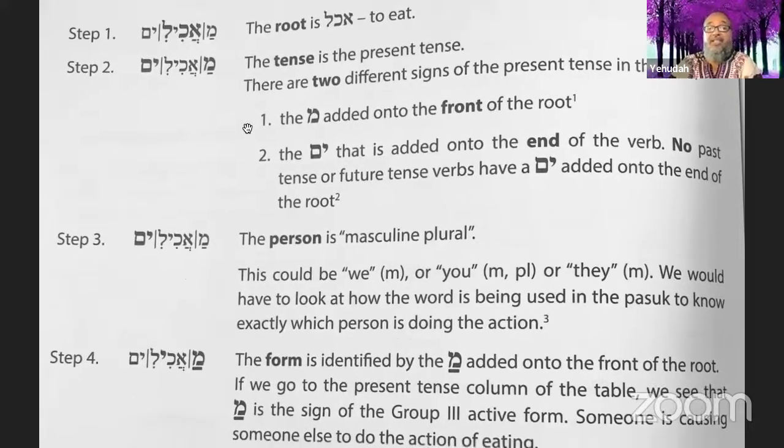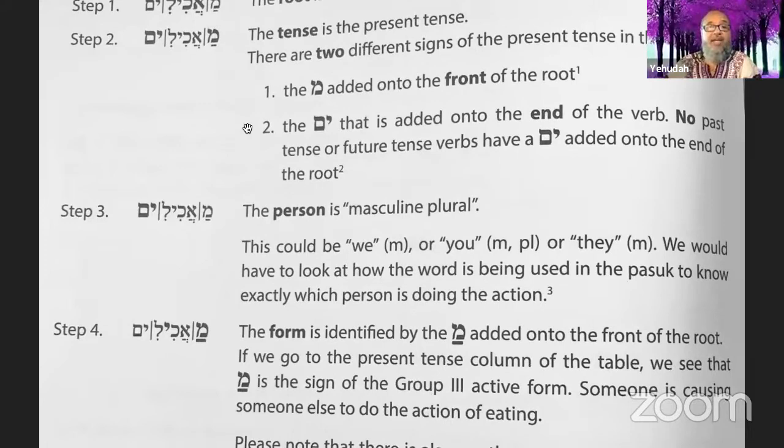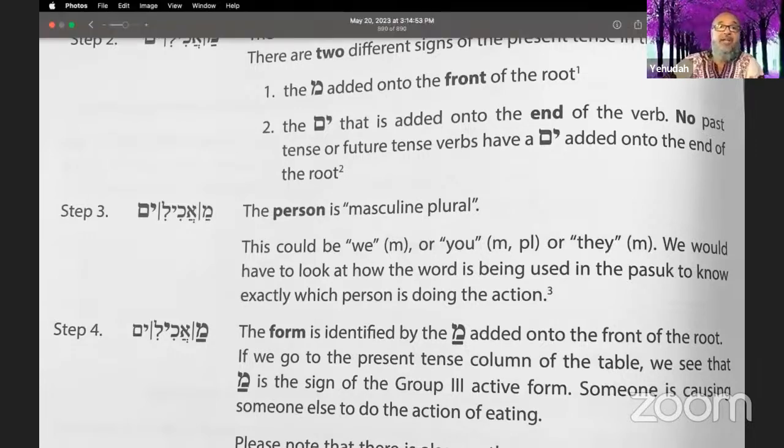The person is masculine, and we know that by the eam. Okay, this could be we, masculine, or you, masculine plural, or they. It could mean any of those, right? So we would have to look at how the word is being used in the pasuk, meaning in the sentence, because in Hebrew, pasuk is sentence.